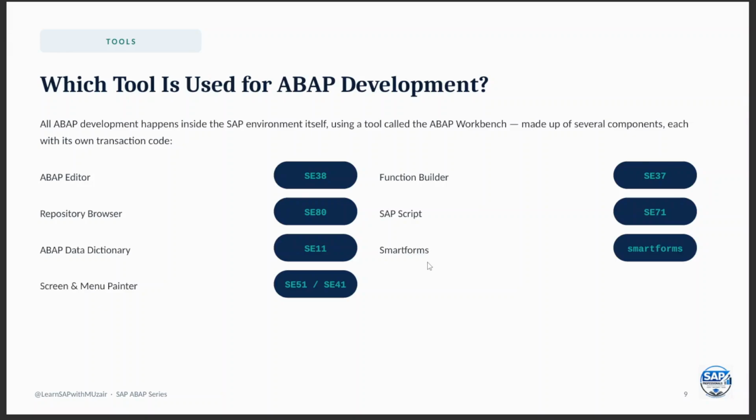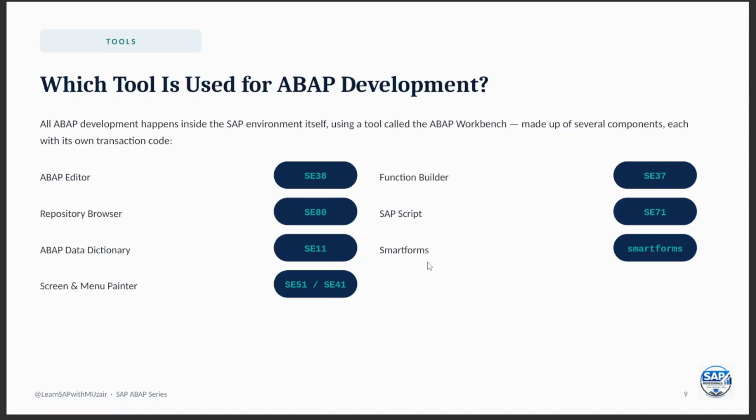Like the SAP ABAP Editor, where you write the program, uses transaction code SE38. The Repository Browser, where you access most of the development objects, is SE80. The ABAP Data Dictionary uses SE11.